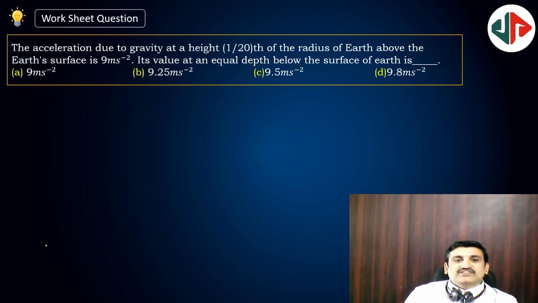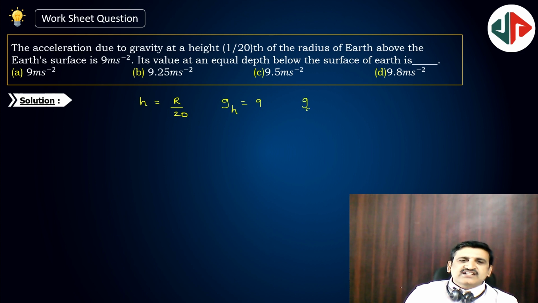So that's why without reading the question properly, we shouldn't come to a conclusion. The height h is equal to R by 20 above the surface, and acceleration due to gravity at that place is 9, he said. Its value at an equal depth below the surface, GD, is equal to how much?